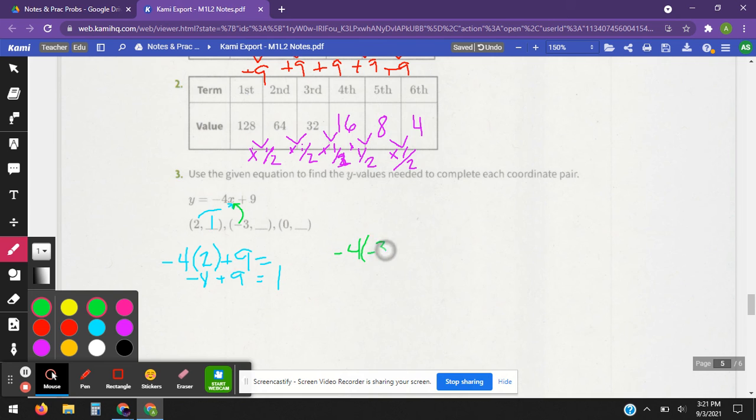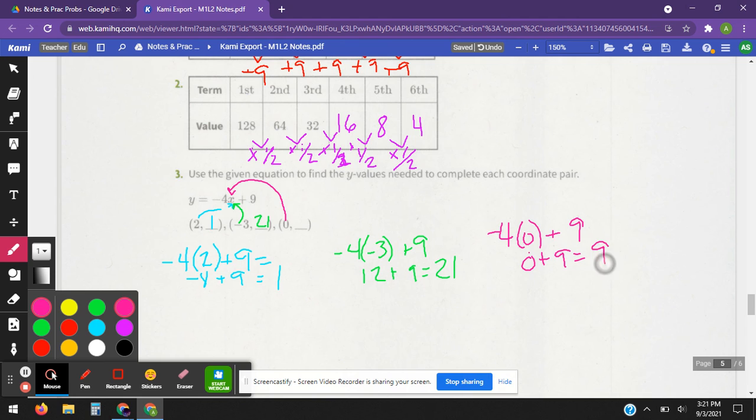Negative 4 times negative 3 plus 9. Well, that's 12 plus 9 equals 21. So negative 3 comma 21. And my last one, I'll put in a 0. Negative 4 times 0 plus 9. 0 plus 9 equals 9. So it's 0 comma 9.